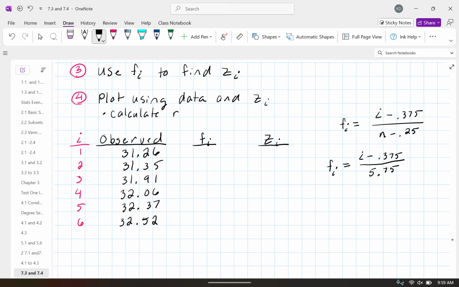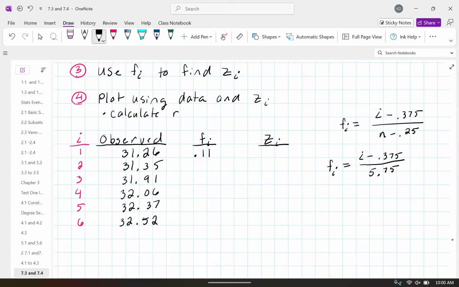Okay. We're going to find the F value. So F sub 1, we're going to take our I is 1 minus 0.375 divided by 5.75. And I get, if we go out 2 decimals, 0.11. Okay.